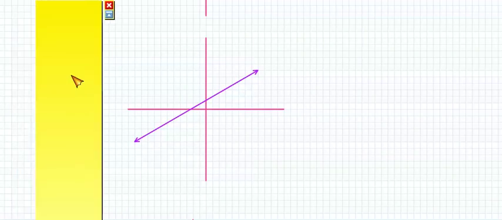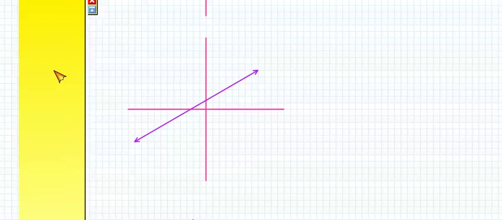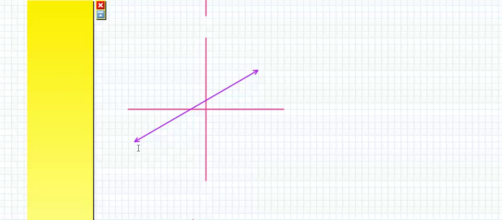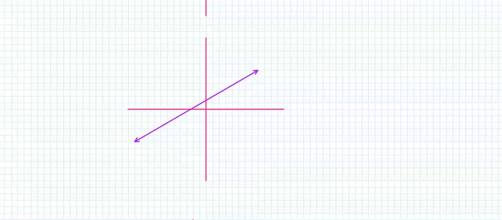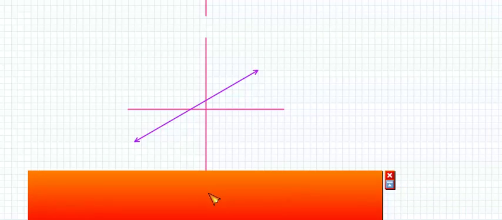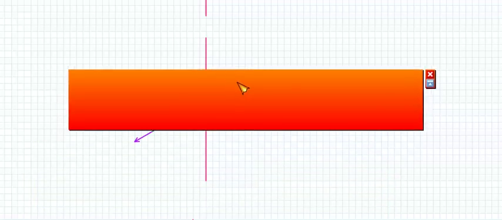Now let's look at this. This is just a line. But because this is continuous, the arrow means I hit it everywhere. Range, it hits it everywhere.